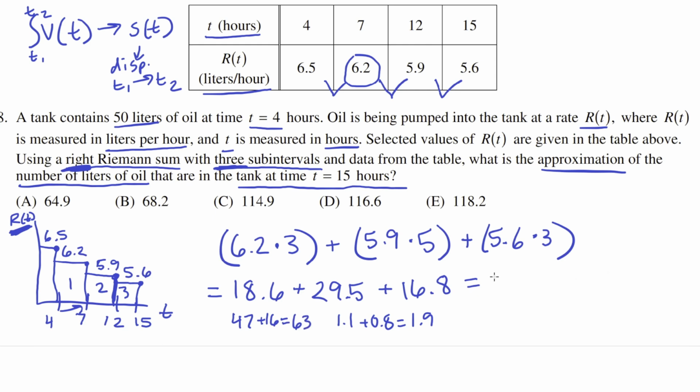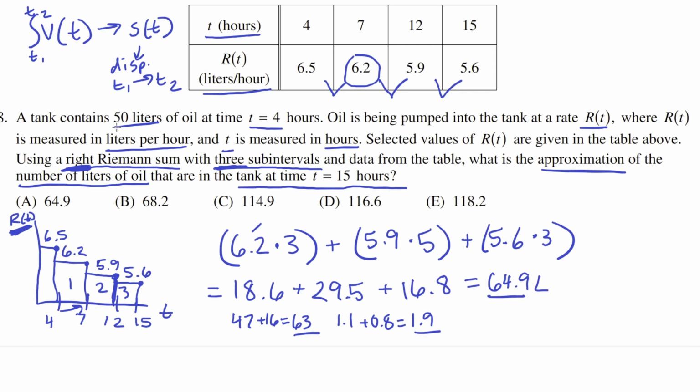So the total area under this curve is 64.9. The whole numbers added with the decimals comes to 64.9. So that means the total area under this curve from 4 to 15 using the right Riemann sum is 64.9 liters. So this is how many liters were added to the tank.